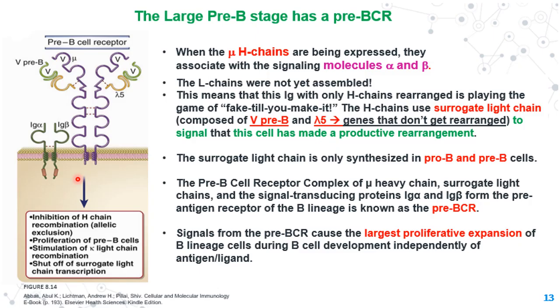So now it can make a lot of clones of this stage in life in order to make all different types of light chains that are going to be tested later. Okay, so at this stage here, after the heavy chain gets the checkpoint, the check mark, then the B cell starts to divide a lot. Okay, so this goes to the largest proliferation stage.